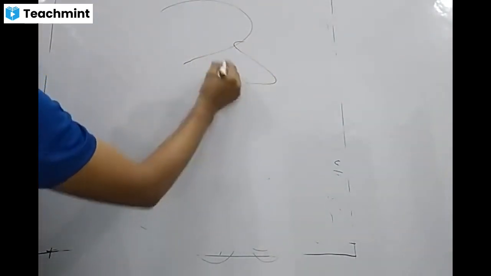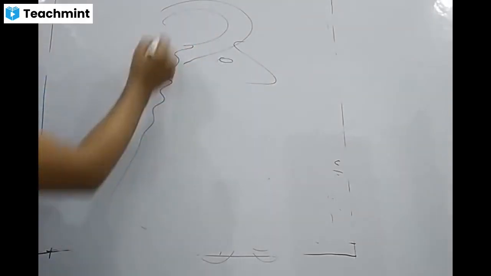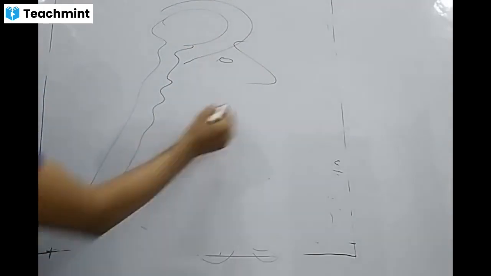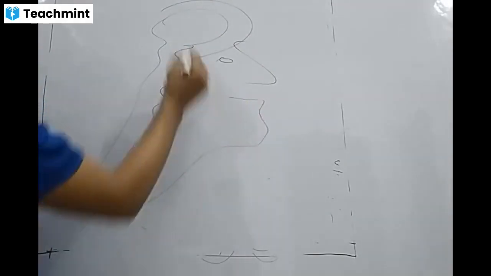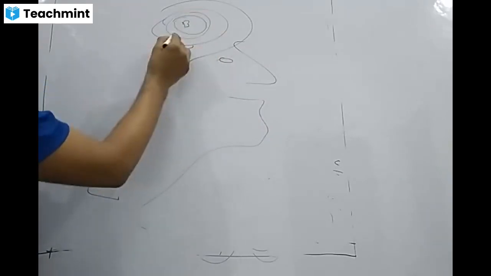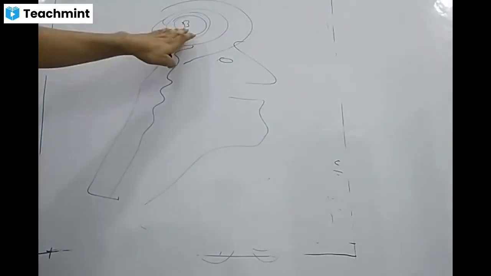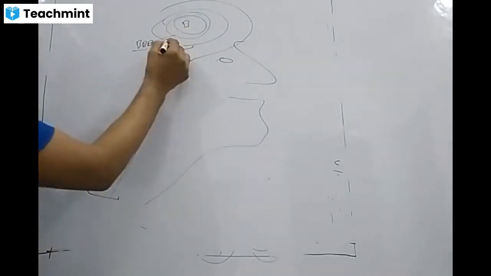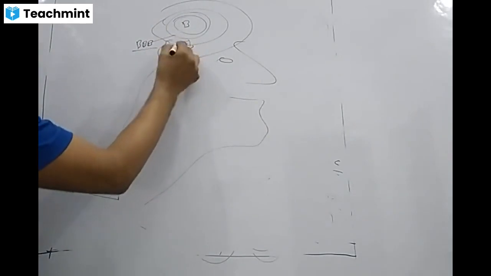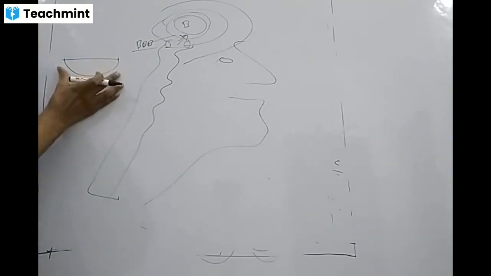Suppose this is the nervous system or brain. This is the brain, and brain is covered with blood-brain barrier. The blood-brain barrier does not allow molecules to enter from the blood. This entry is not there. So this is the cell in the blood-brain barrier.